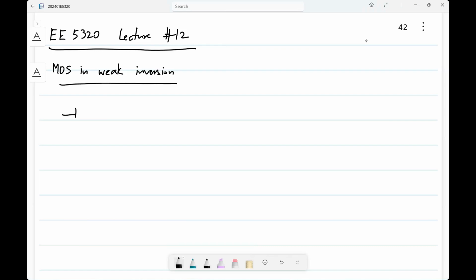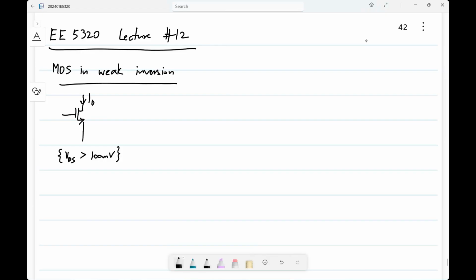Okay. So in weak inversion, if a MOS transistor is operating with a current ID, again, I am looking at the saturation region. Here, saturation means where the current does not vary with VDS. Some 100 millivolts or so, that's what is going to happen.